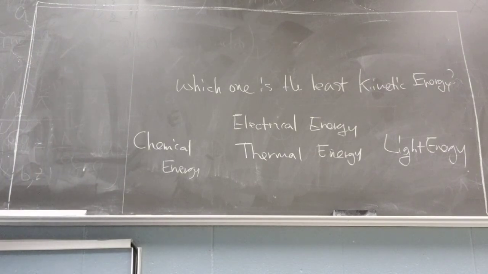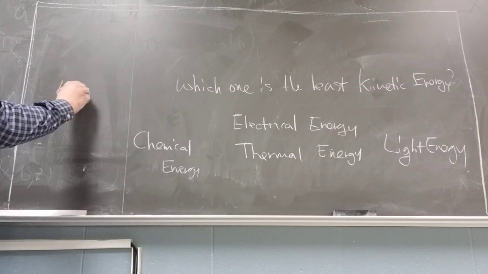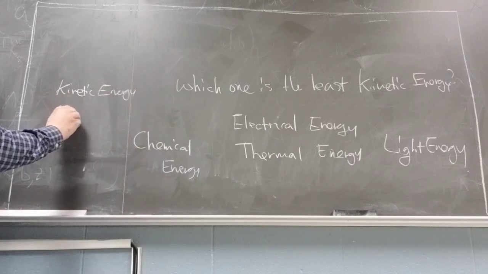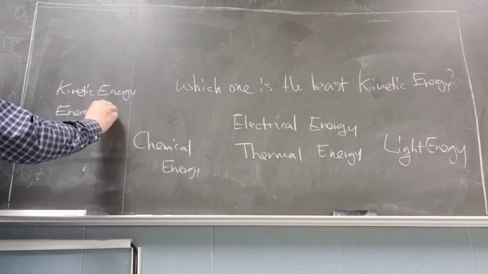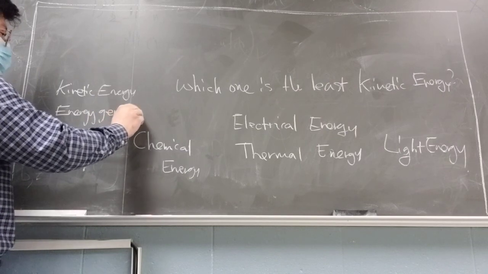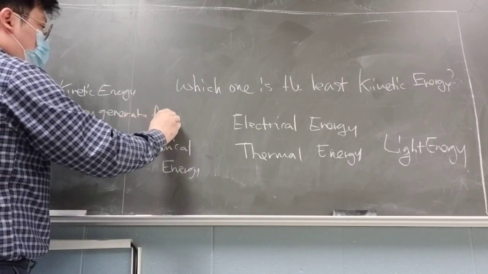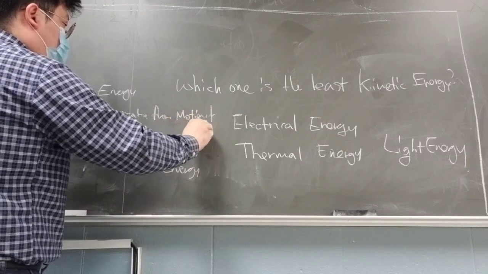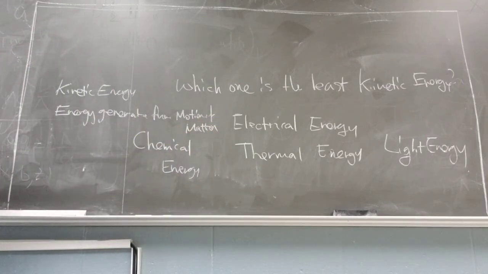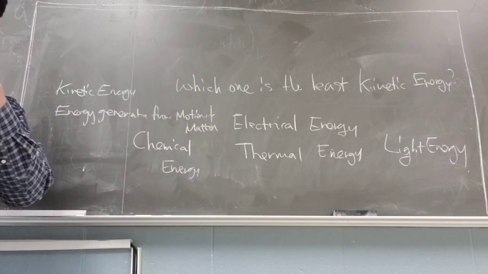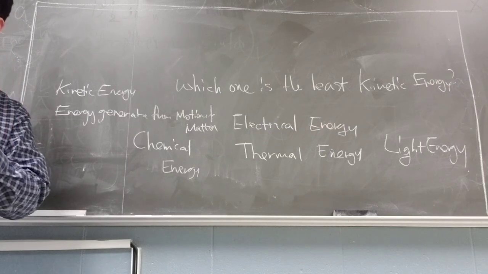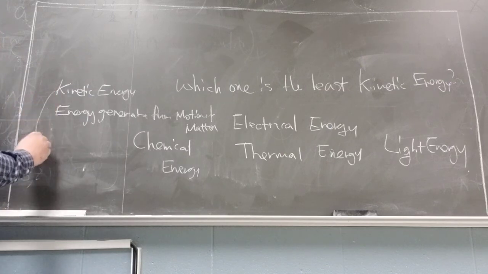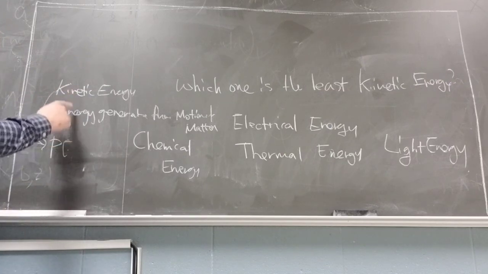Kinetic energy is energy generated from the motion of matter. So something is moving, and by moving it creates kinetic energy. If something is moving at really high speed, you can say that is very high in kinetic energy. The other one is potential energy, which is kind of the opposite.